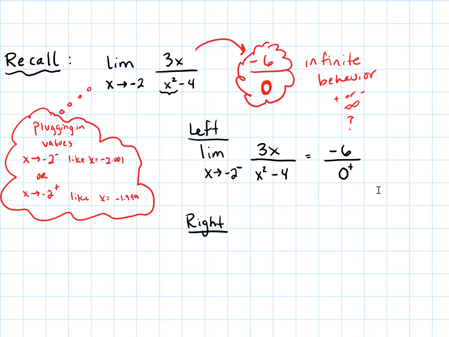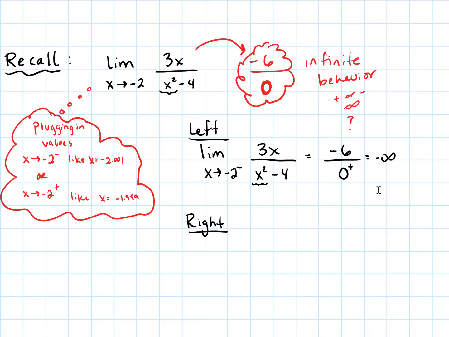It's going to be positive because x squared, if we're slightly to the left of -2, is going to become bigger than 4 when I square it. So then when I subtract 4, I've got that 0 from the right, and this would be negative infinity.